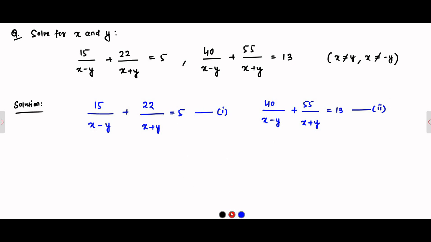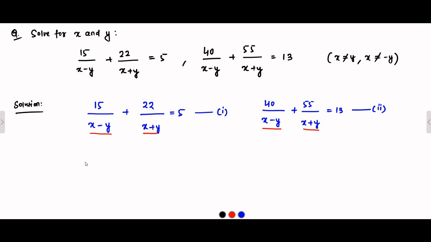Here, if you see the denominators, in this fractional representation we have x minus y here, x minus y here, x plus y here, and x plus y here, in both the equations. The two denominator terms are the same in both the equations.